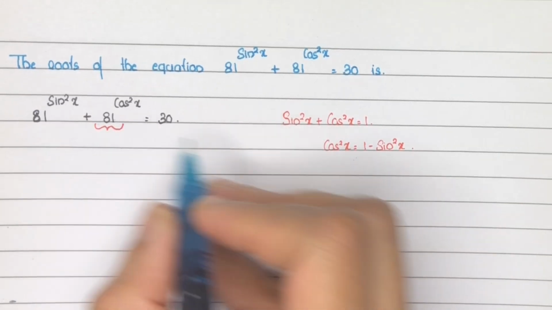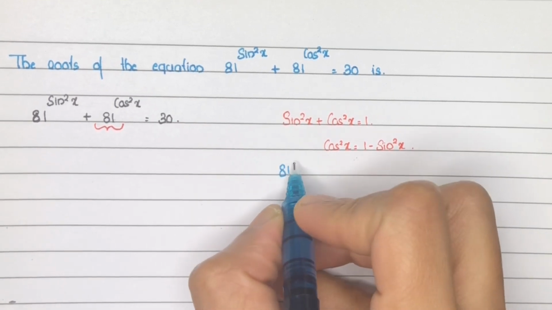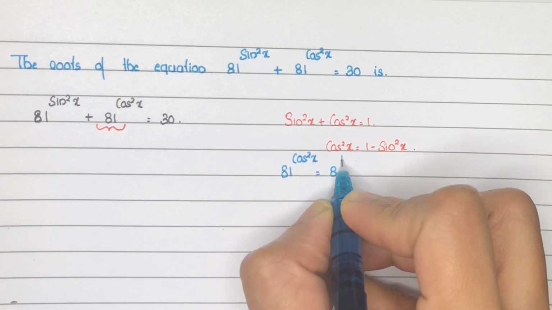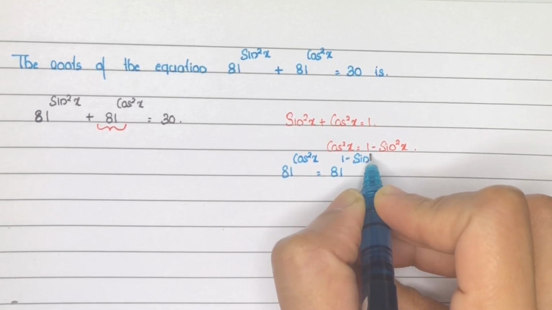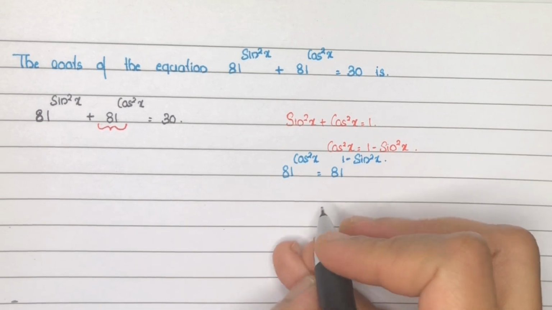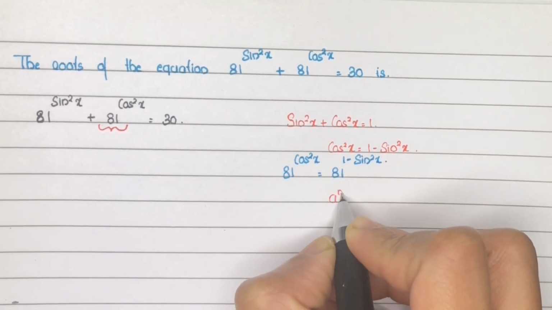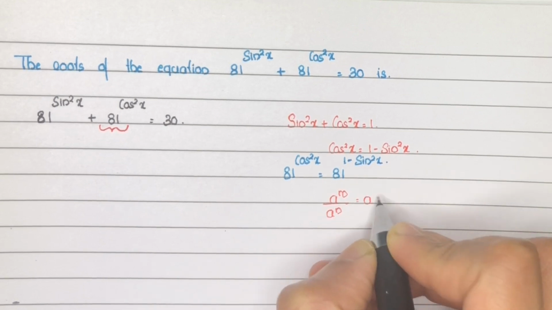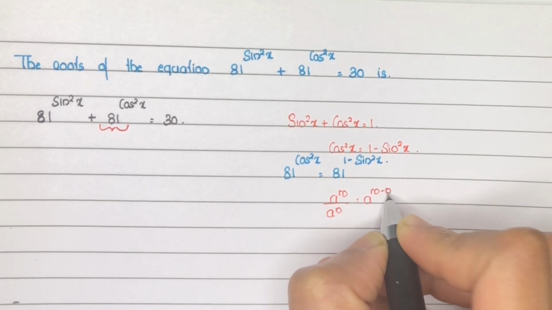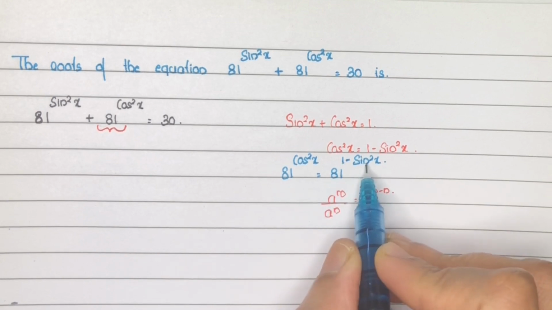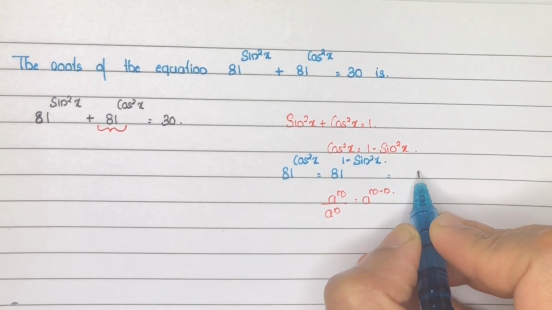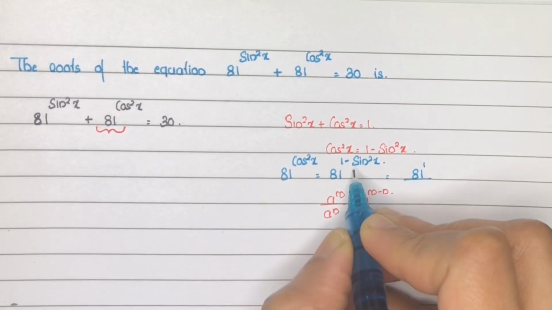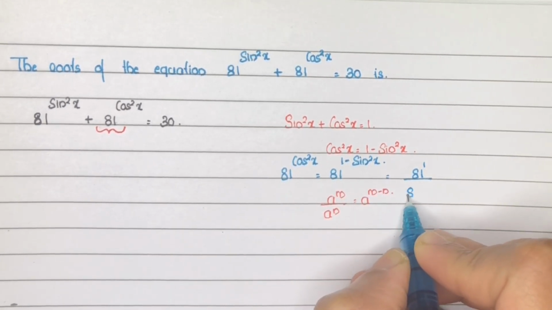So 81 raised to cos square x, we can write it as 81 raised to 1 minus sin square x, and a raised to m by a raised to n is equal to a raised to m minus n. So 81 raised to 1 minus sin square x, you can write it as 81 raised to 1 by 81 raised to sin square x.